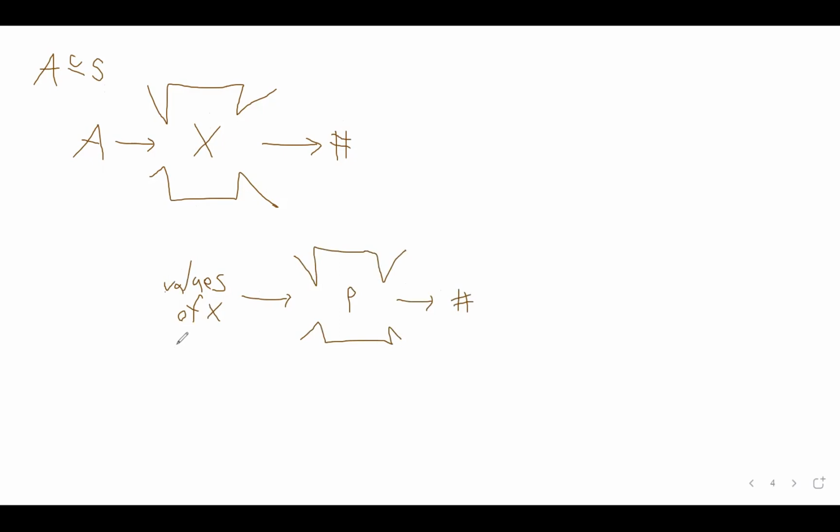So if it's an interval, let's say 2, 4, then P of this would equal the probability that capital X was between 2 and 4. And so that number is called the probability. Those X values are between 2 and 4.